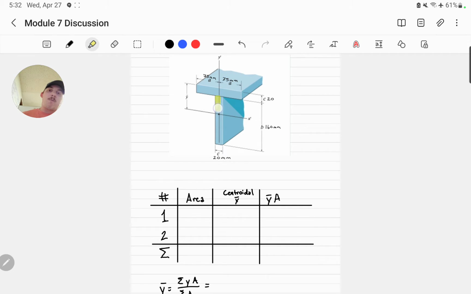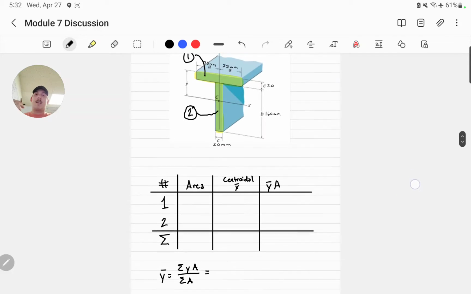My first part will be this vertical rectangle, and my second part is going to be this horizontal rectangle. I'll label this one Part 1 and this one Part 2. So let's go ahead and get started.